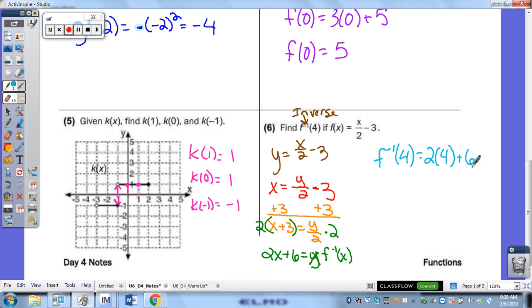Now I can plug in that 4. 2 times 4 gives us 8, plus 6 gives us 14.